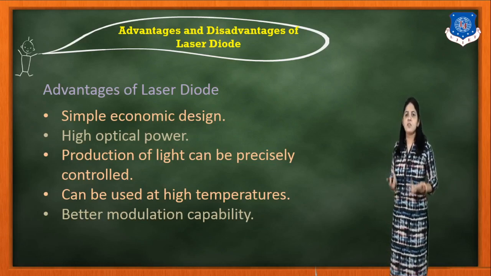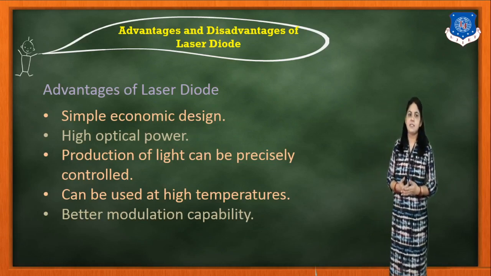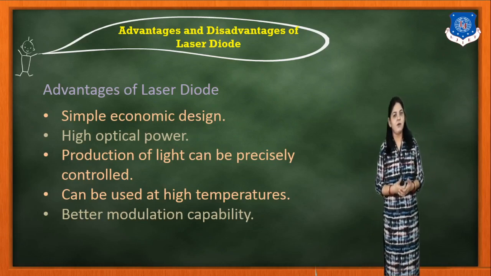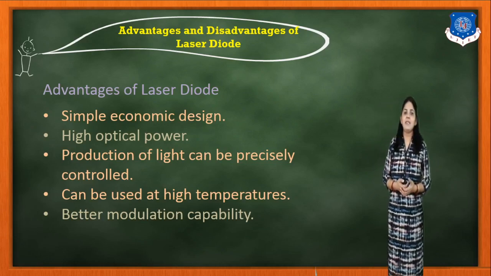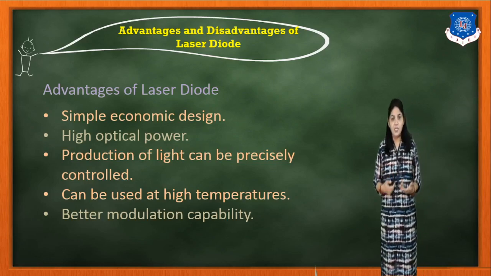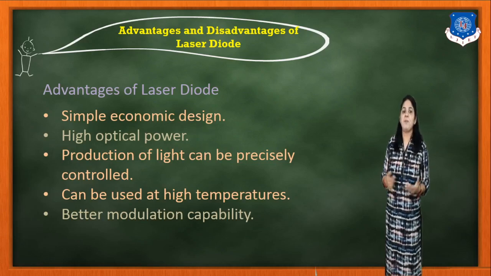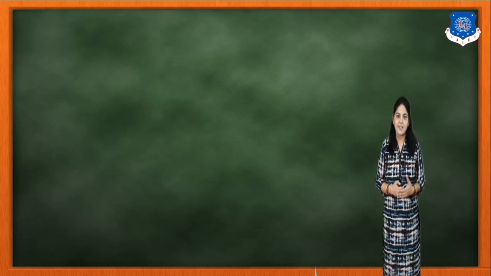So first of all, the simple economic design. That's a good advantage of the laser diode: high optical power. The production of the light can be precisely controlled, and it can be used at high temperature, and provides better modulation capability.